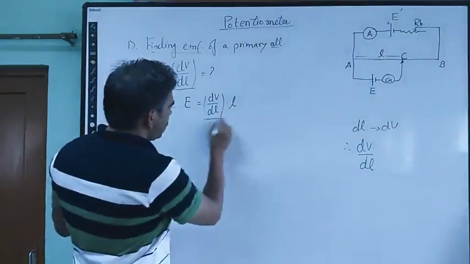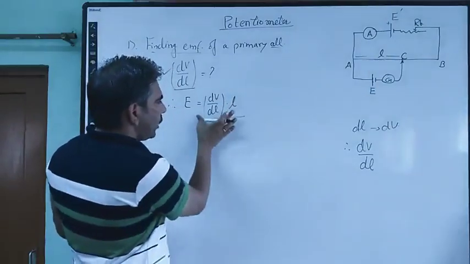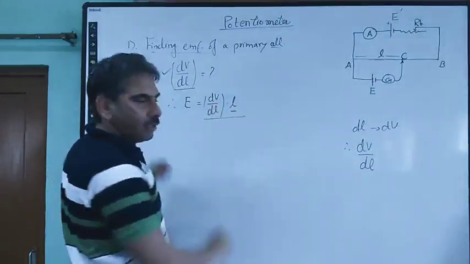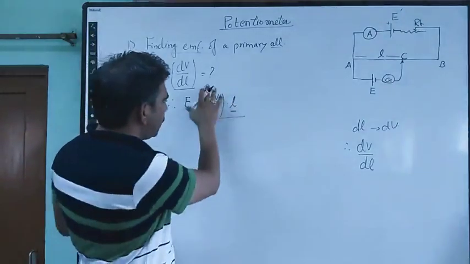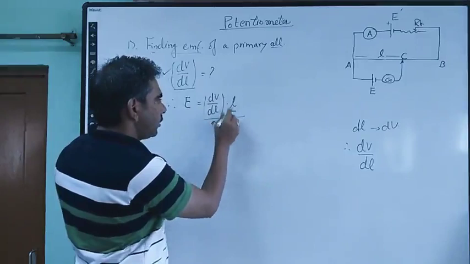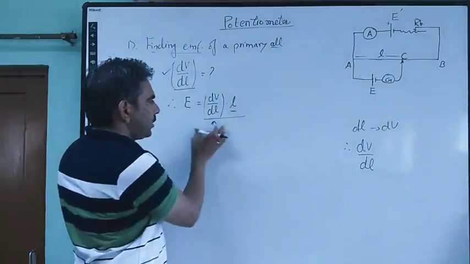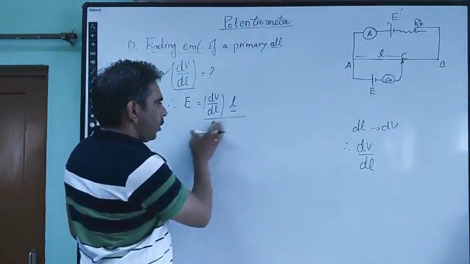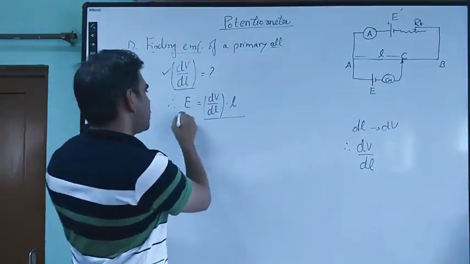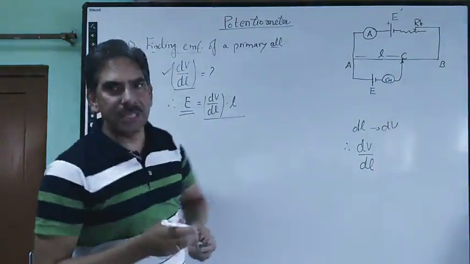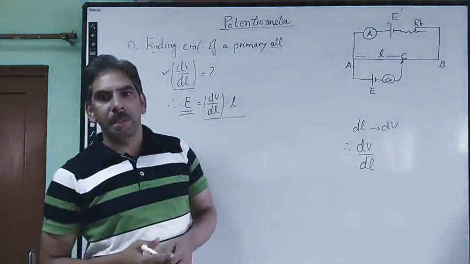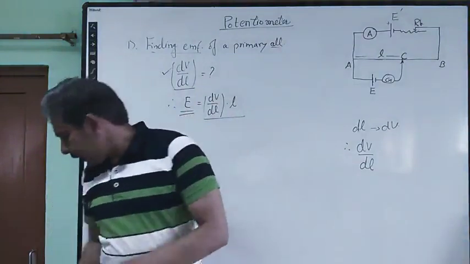So this is the potential across L length of the wire. This is the potential across 1 unit length, and if the total length is L, that gives the total potential drop across L length of the wire, which is the EMF of this primary cell. So this is how we calculate the EMF of any primary cell.